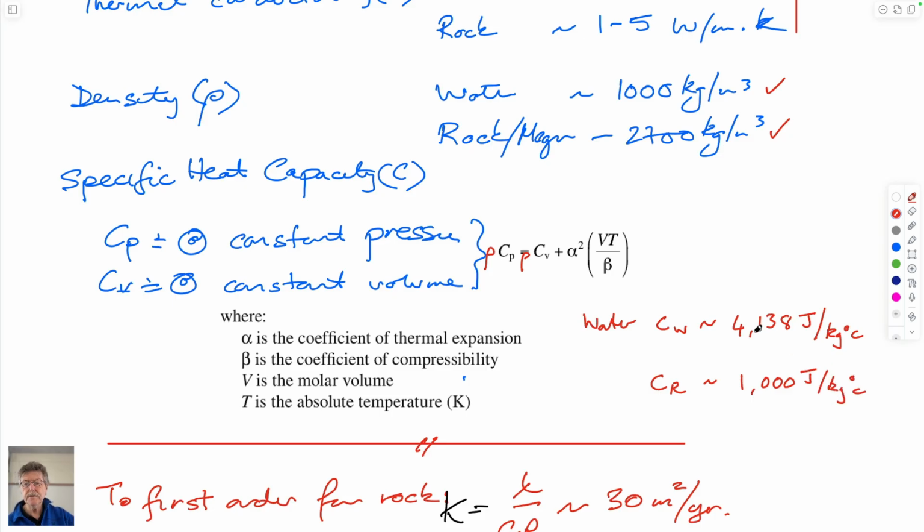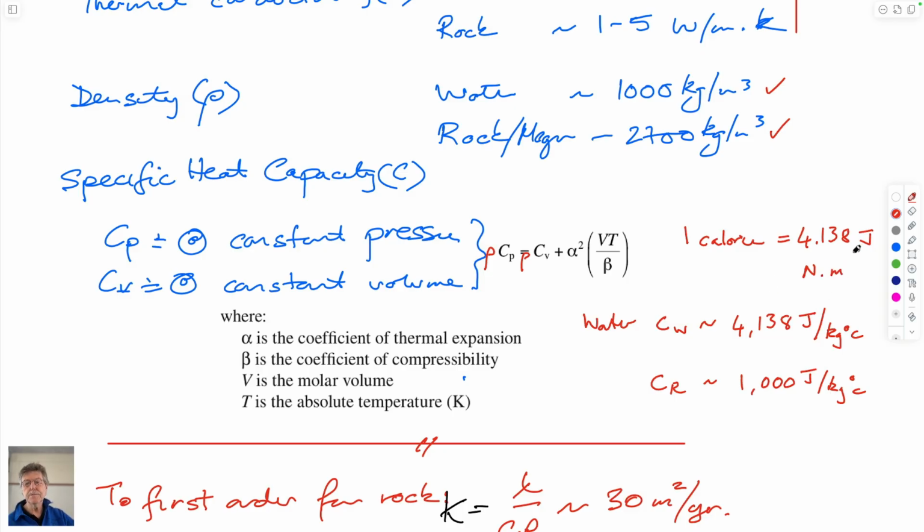And I guess this 4.3 is that it takes 1 calorie to raise the temperature of 1 gram of water by 1 degree centigrade. So 1 calorie equals 4.138 joules, and a joule is a Newton meter.